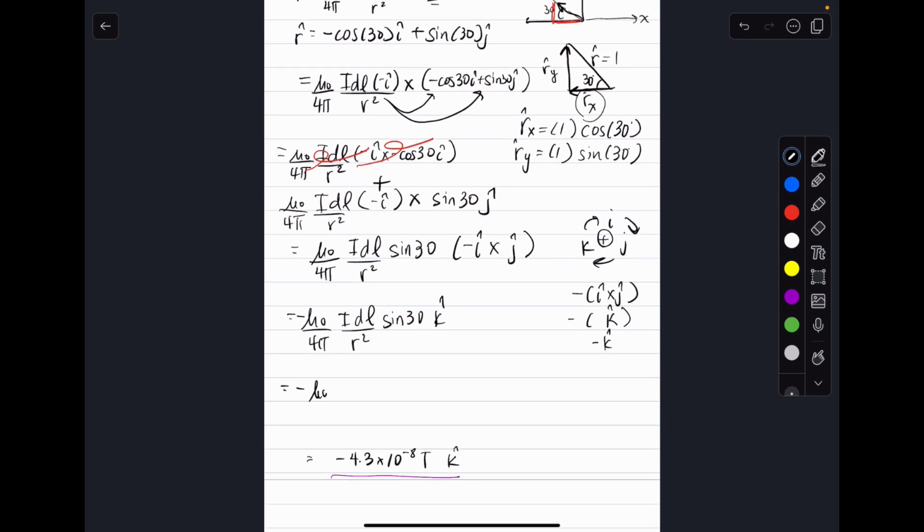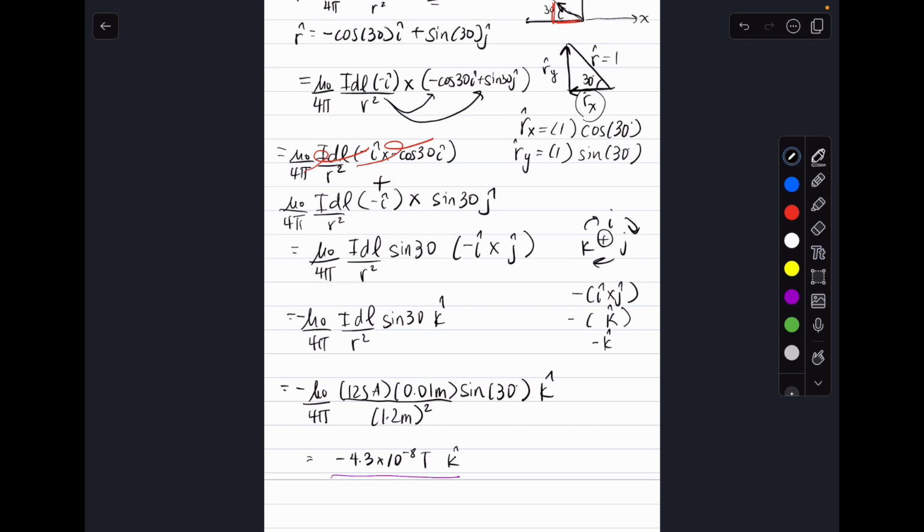Negative mu naught over 4 pi, 125 amps, 1 centimeter dl. Our R was still 1.2 meters squared, times sine of 30 degrees in the K hat. Plug all that in and you get negative 4.3 times 10 to the minus 8 Tesla in the K hat.